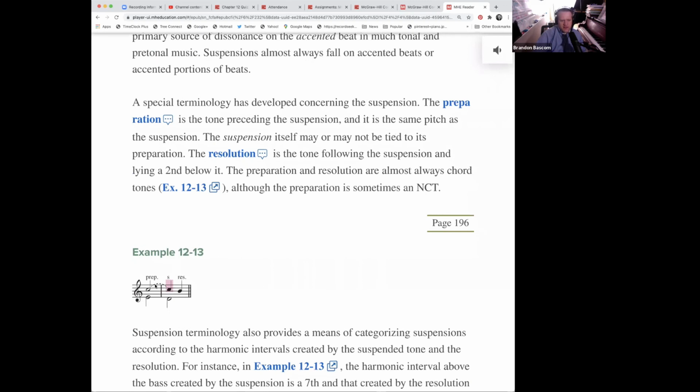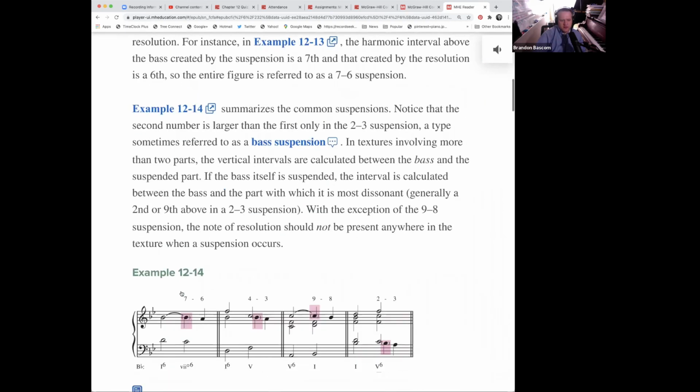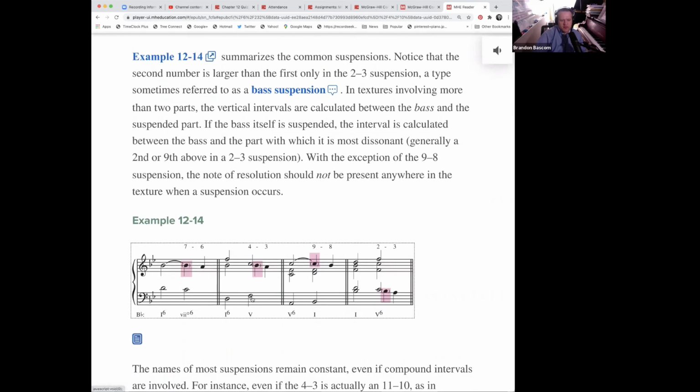So here we have a tie giving us the suspension note and the note of resolution. The 4-3 particularly is going to happen when, above the bass line, it is a fourth going to a third. So our bass note is F. Our note of suspension, our non-chord tone, which doesn't belong in the dominant chord, is a B flat, which is a fourth above our bass note, and it resolves down to an A, which is a chord tone.